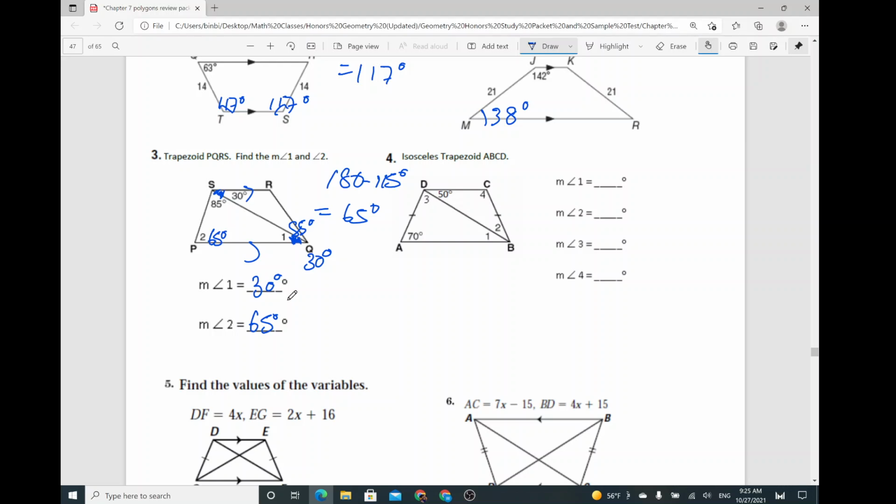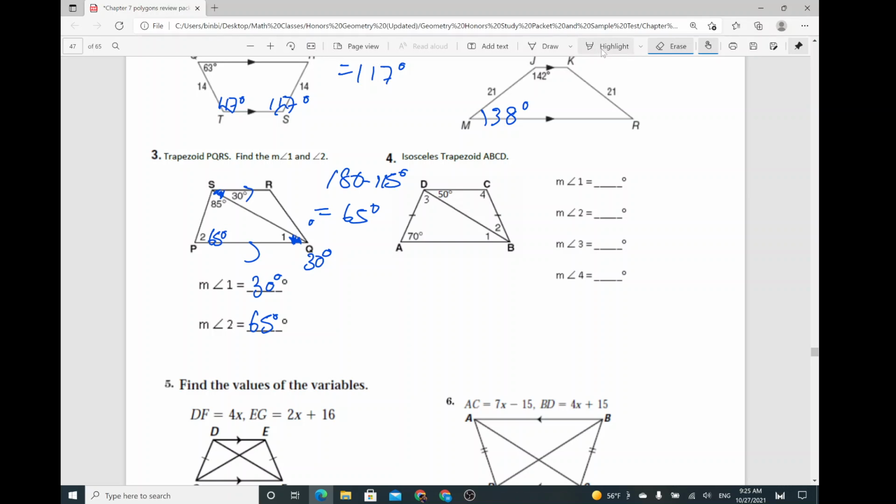Gotta be careful with this one here. This one is 30 degrees. Down here we're using the Triangle Sum Theorem: 180 minus 85 minus 65, that'd be 150, then that'd be 30 degrees. That's right.